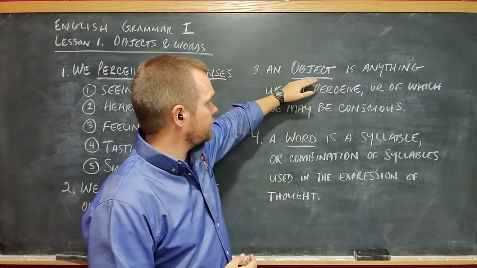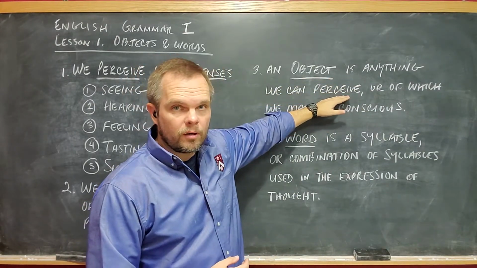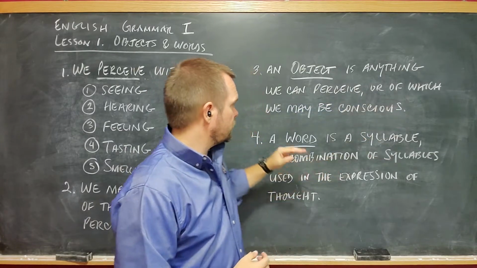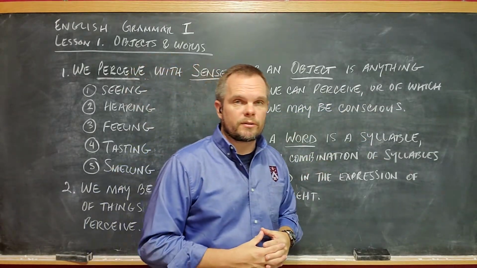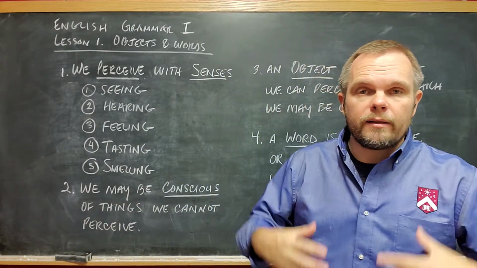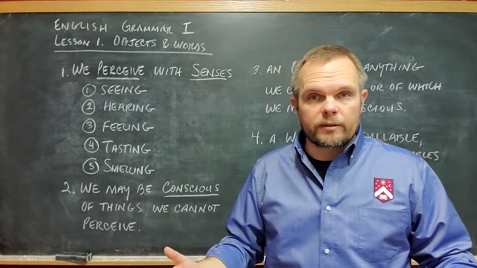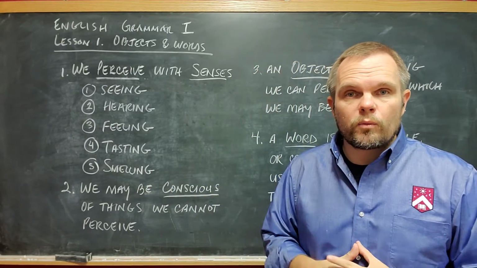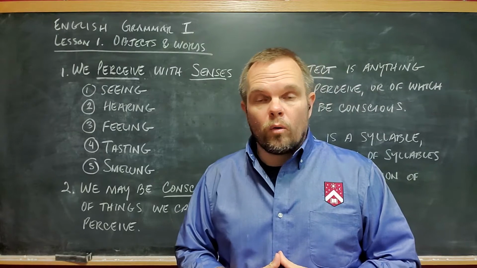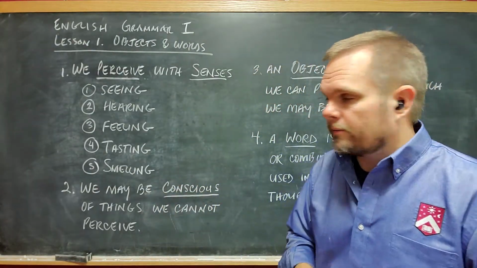So anything that we can know, anything that we may be conscious of, is called an object. Anything that we can know, or anything that we do know, is called an object.